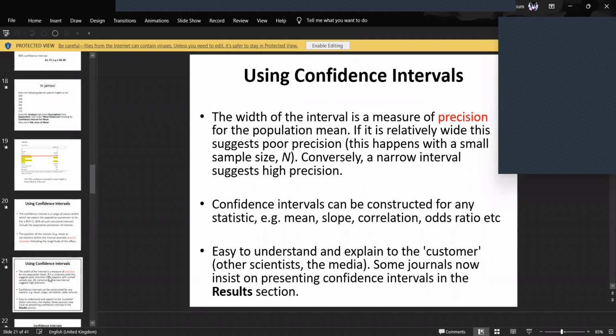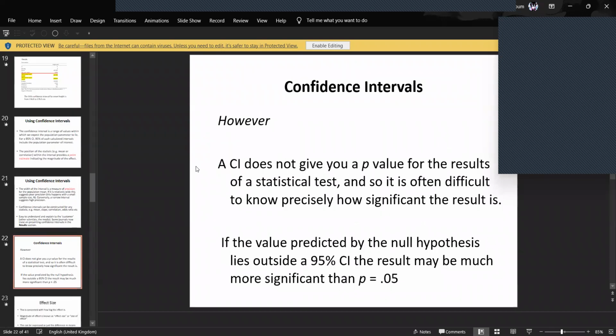Okay, now confidence intervals you can apply this to any statistics basically. Because confidence intervals are easy to explain, right? That's why some journals like to use them. All right. Now, a confidence interval does not give you a p-value, okay? But it can tell you if the p-value is higher or lower than the confidence interval size, right?